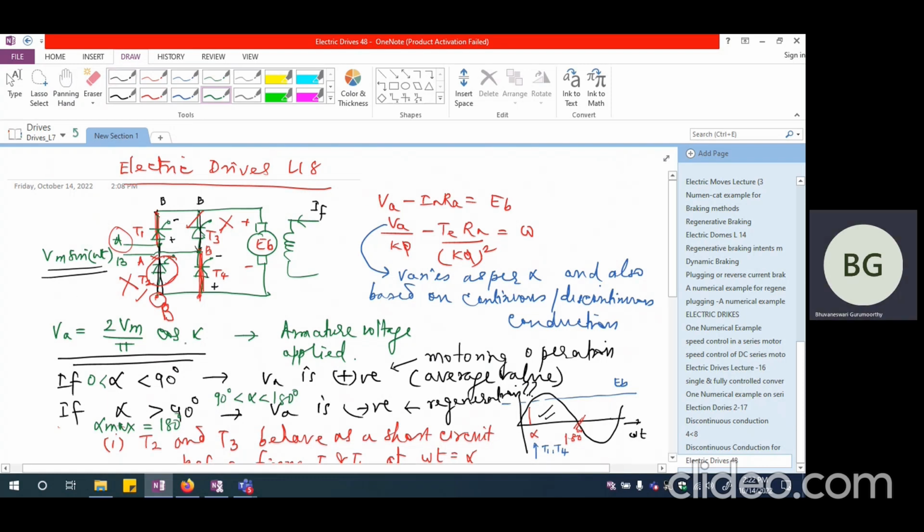Again, all this expression is valid only if we are talking about continuous conduction. If we are talking about discontinuous conduction, first of all, even this expression is not valid. 2Vm by pi cos alpha itself is not valid. So you may not be able to really come to these conclusions if it is discontinuous conduction.